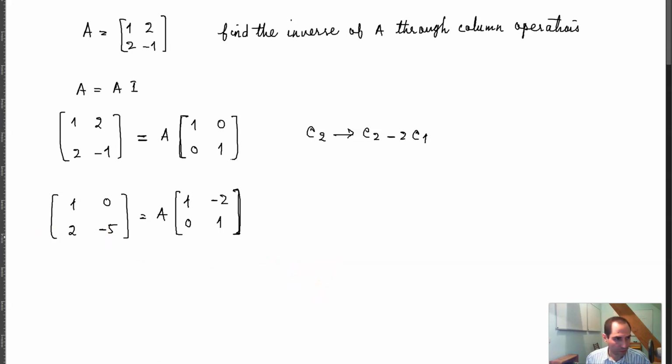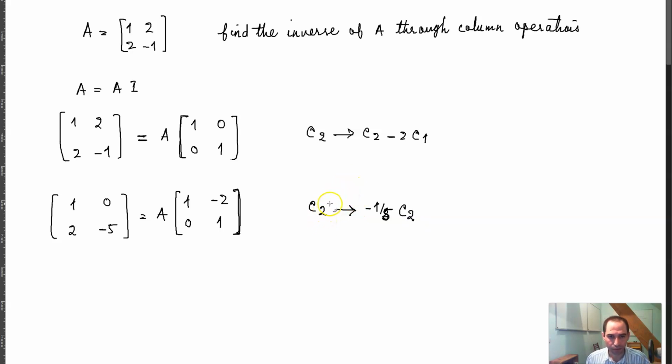So that's one thing that we can do, and as a result, now I have a 0 over here, and so these are the two elements that I need to take care of. Then what I can do is apply C2 gives -1/5 C2.